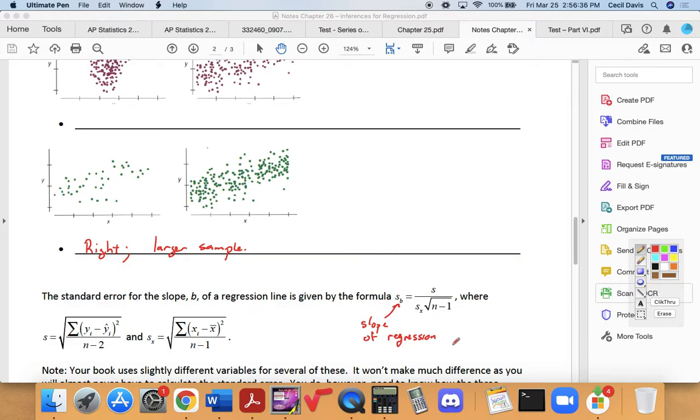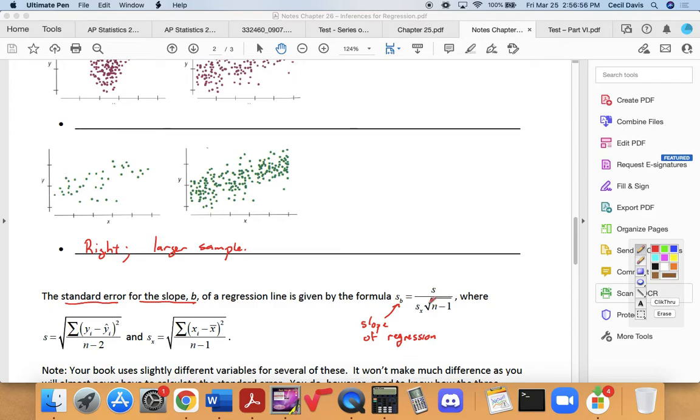So what is the S? Standard error for the slope, which is b, is equal to s over s of x times the square root of n minus 1.